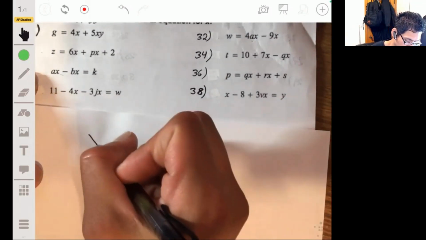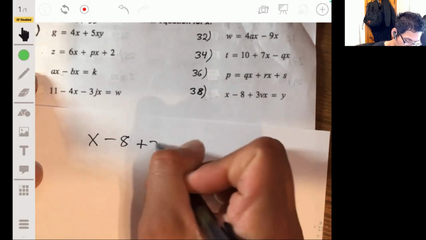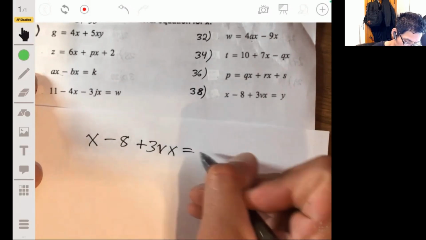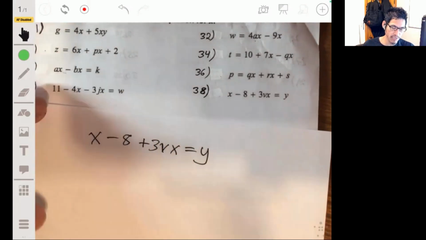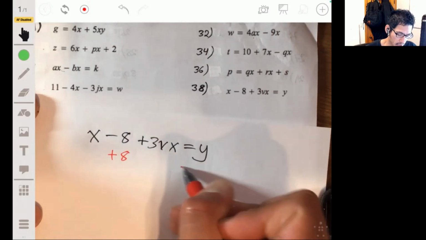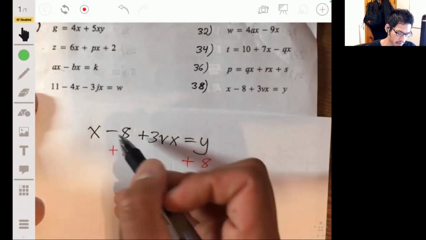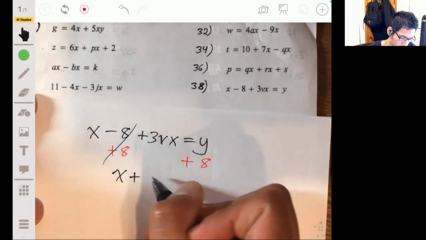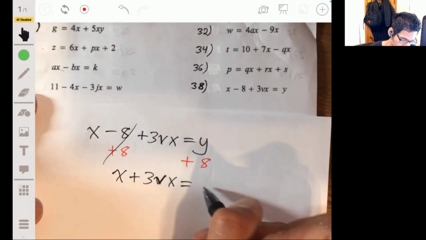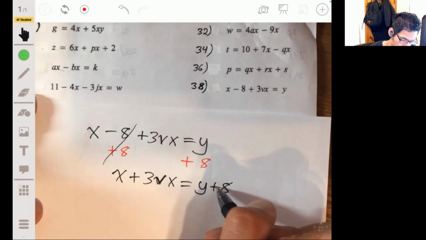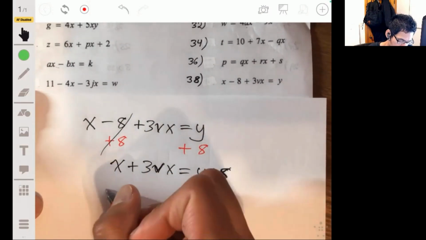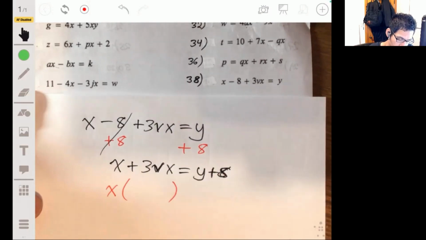X minus 8 plus 3vx, almost forgot the tails, equals y. 71 seconds left. Add 8 to both sides. Cancel. X plus 3vx equals y plus 8. Factor out the x. Ooh, this is a good one. I wonder if you can understand this one.